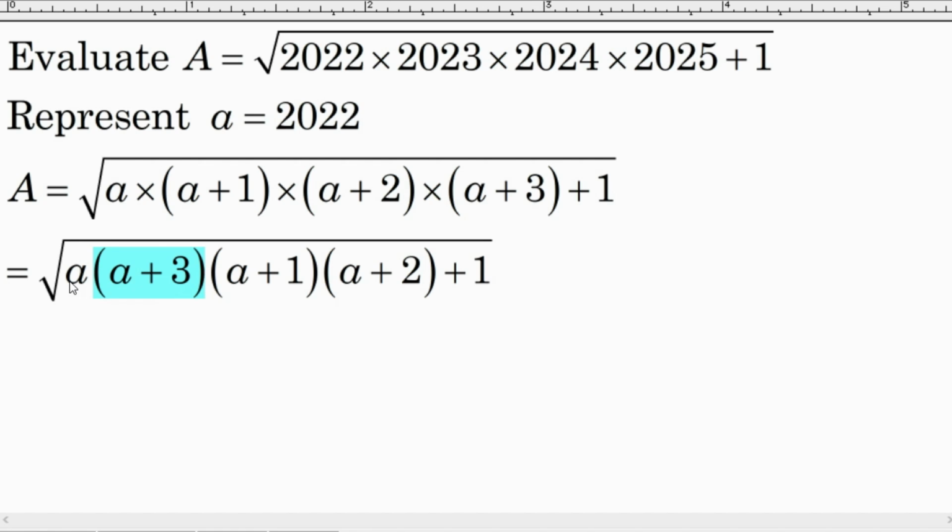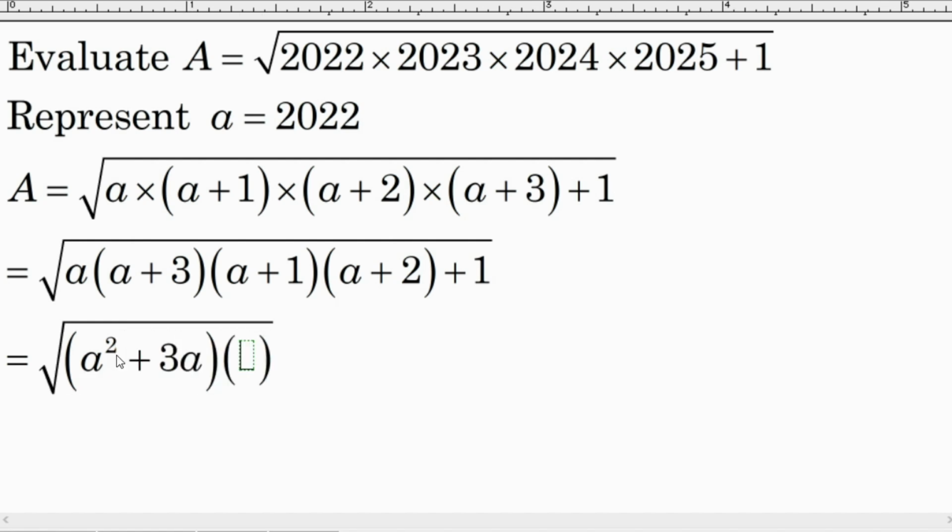Now we can expand these two factors, and we will expand these two factors as well. So we get a times a, which is a square, and a times 3, which is 3a.